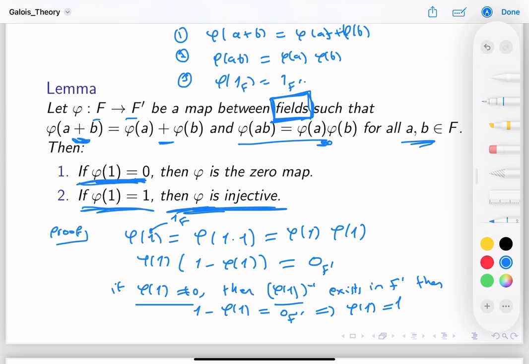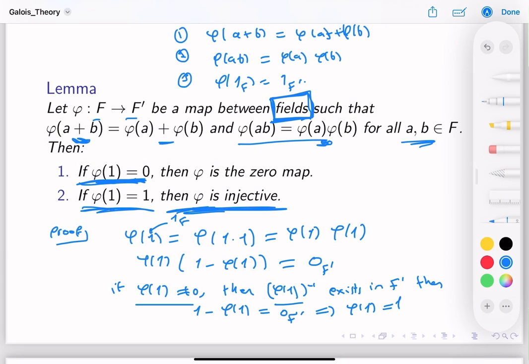If you have a map phi from F to itself, and you have a ring homomorphism, then you automatically know that this map is injective, and to prove that it's an automorphism, it would suffice to prove that it's surjective. So this is an important property to keep in mind. If you have a ring homomorphism of fields and it's not trivial, it's automatically injective, and this is a very good property to keep in mind.